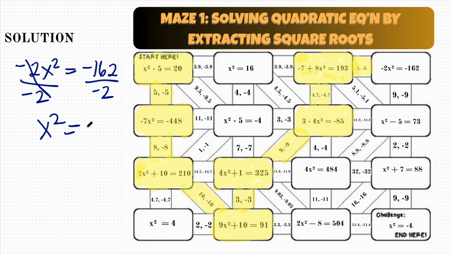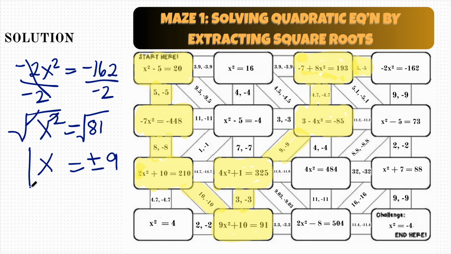So I think the answer must be 81. Again, check if the answer is 81. Get the square root of both sides. x would be positive or negative 9, since the square root of 81 is 9. There you go. So the answer would be positive or negative 9. I think there are no other options here.